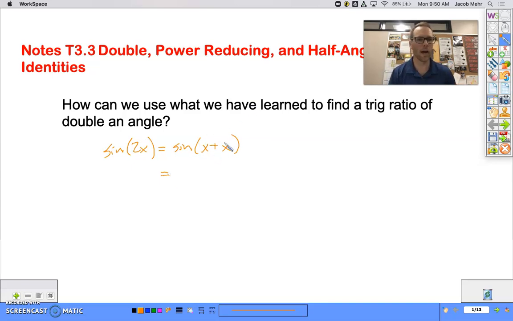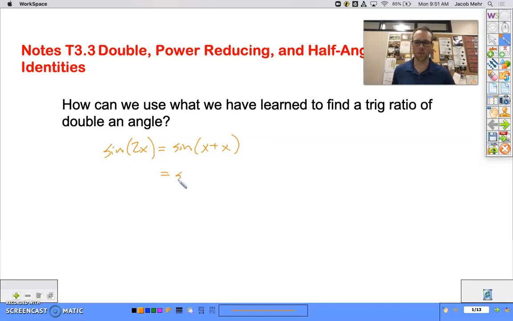Well, because now I have this as a sum, and we have some identities, some identities dealing with sums that we could possibly use here. So how do we find the sine of the sum of two angles? Let me take a look here, make sure I get this right.